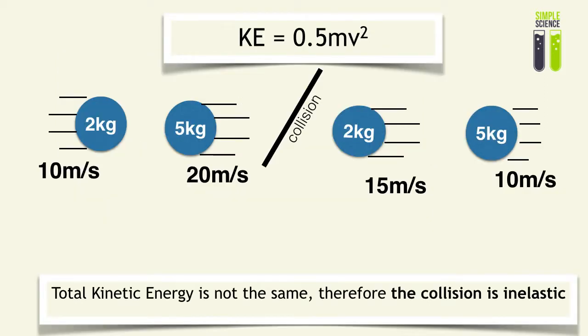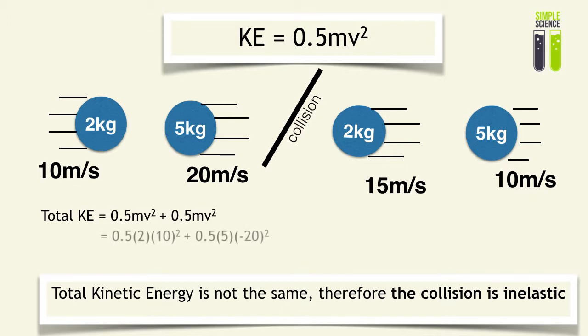As you may know, to determine the kinetic energy of any individual particle, you use half mv squared. First of all, let's find the total KE on the left side. That is, total KE is equal to half mv squared of the 2 kilogram ball plus half mv squared of the 5 kilogram ball.